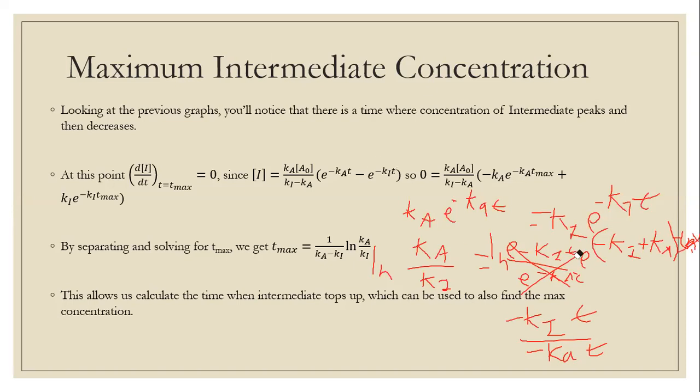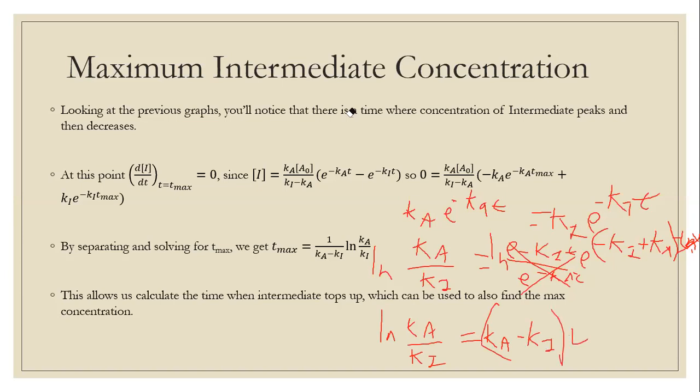That simplifies mathematically, so you take the natural log of that. You have ln Ka over Ki equals Ka minus Ki t max.